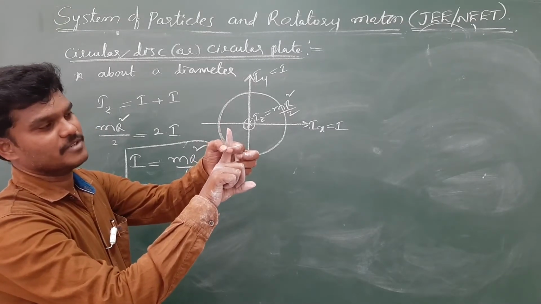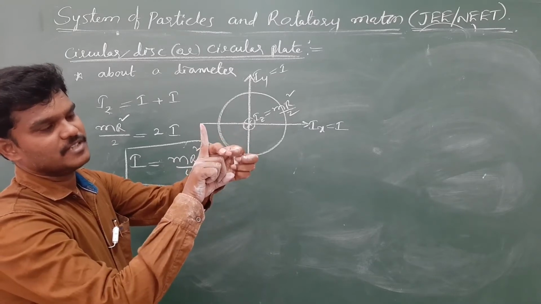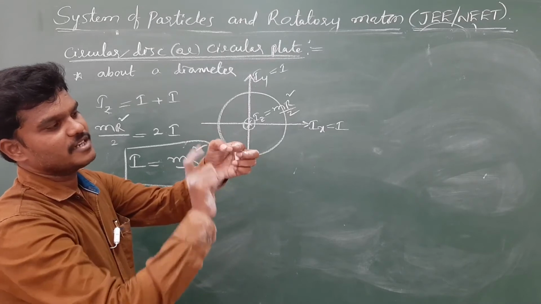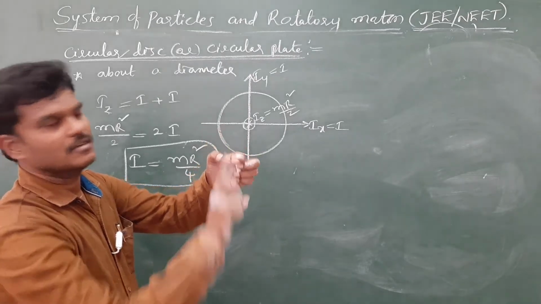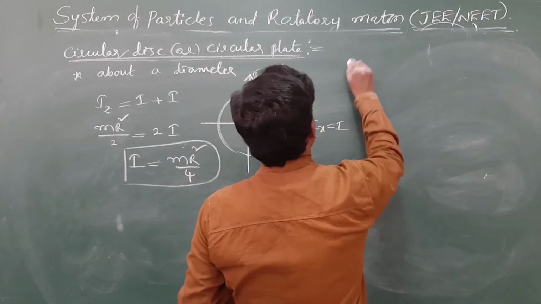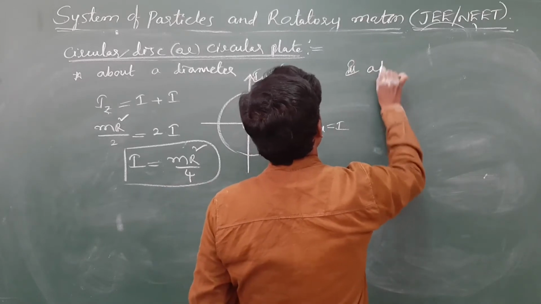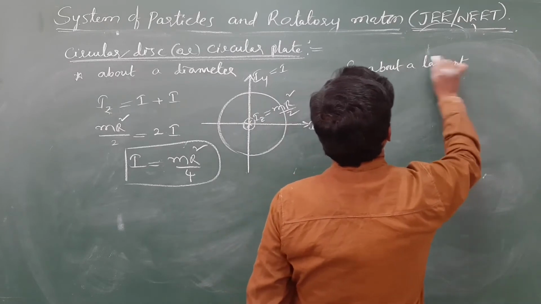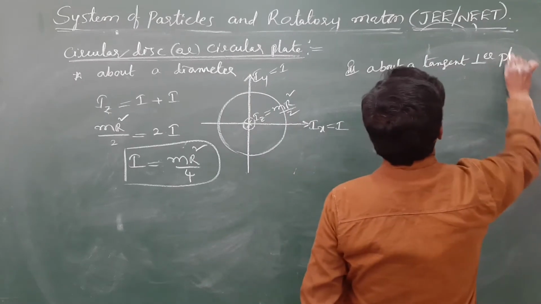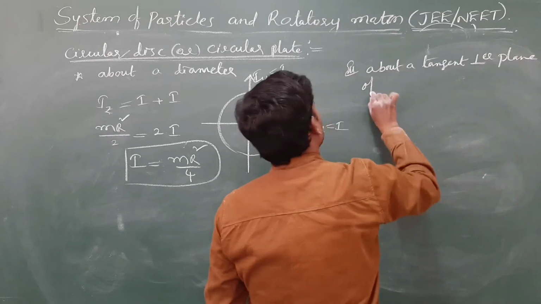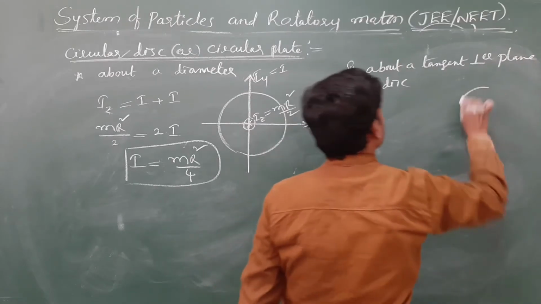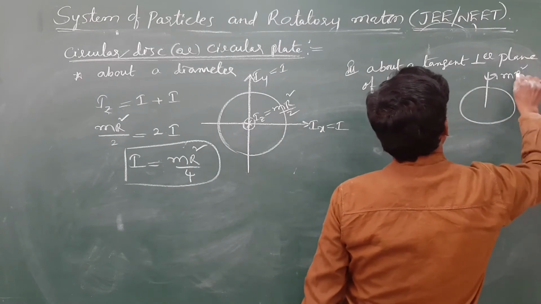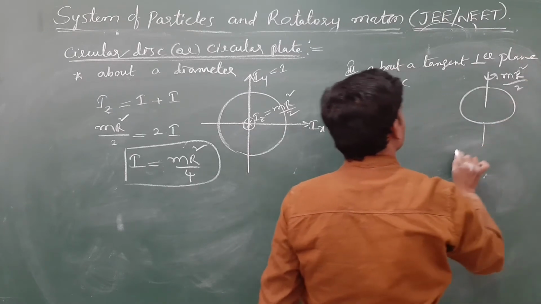It's not a ring, I am playing with a disk, okay? About a tangent, m r square by 2 plus m r square. So the third formula of this one is about a tangent perpendicular to the plane of the disk. About this, m r square by 2, about a tangent.